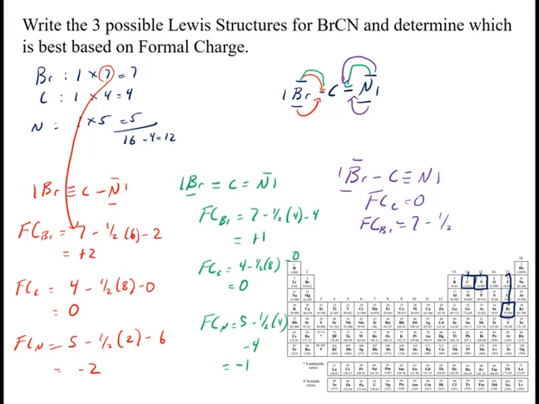In this structure, there's only 2 minus 2, 4, 6. So that's going to be 0. And the formal charge of nitrogen is 5 minus 1/2 of 6. And again, the 6 is 2, 4, 6 minus the 2 for the lone pair. So 5 minus 3 is 2, minus 2 is 0.